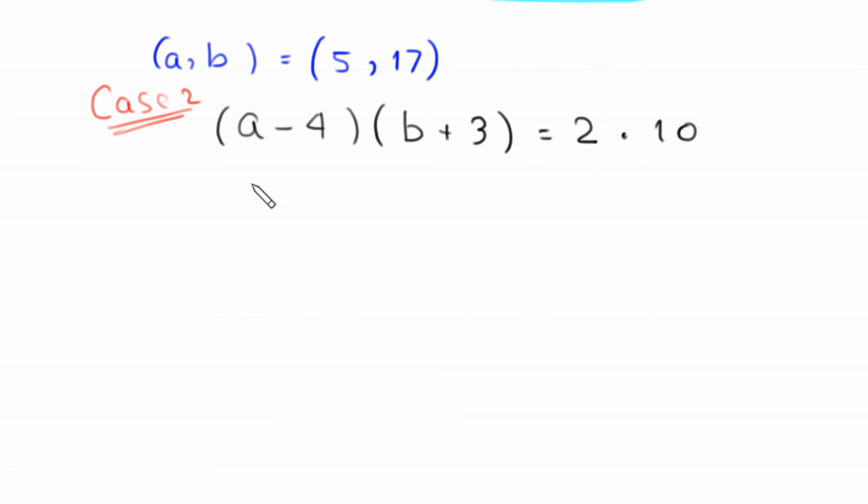So this a minus 4 will be equal to 2, and this b plus 3 will be equal to 10.